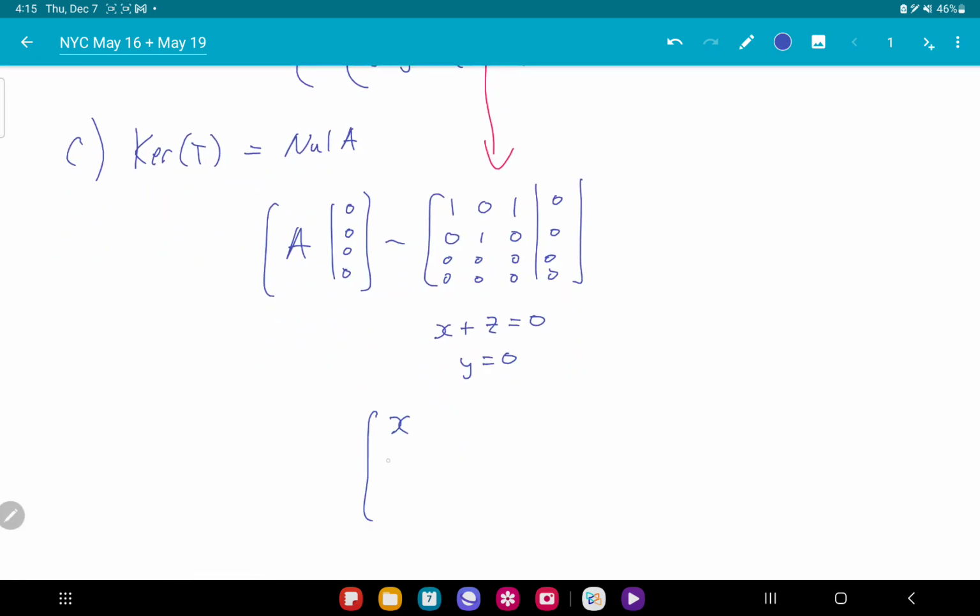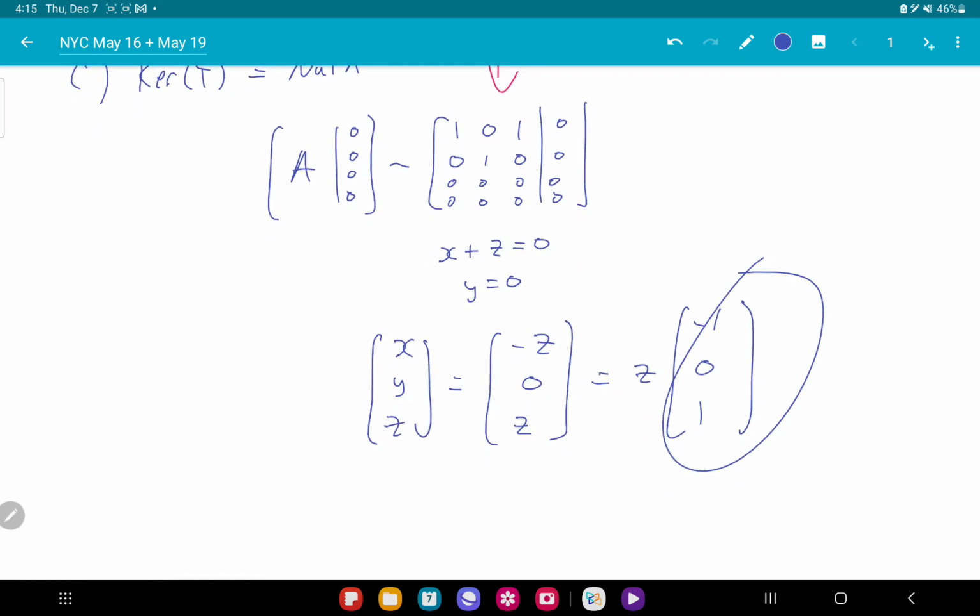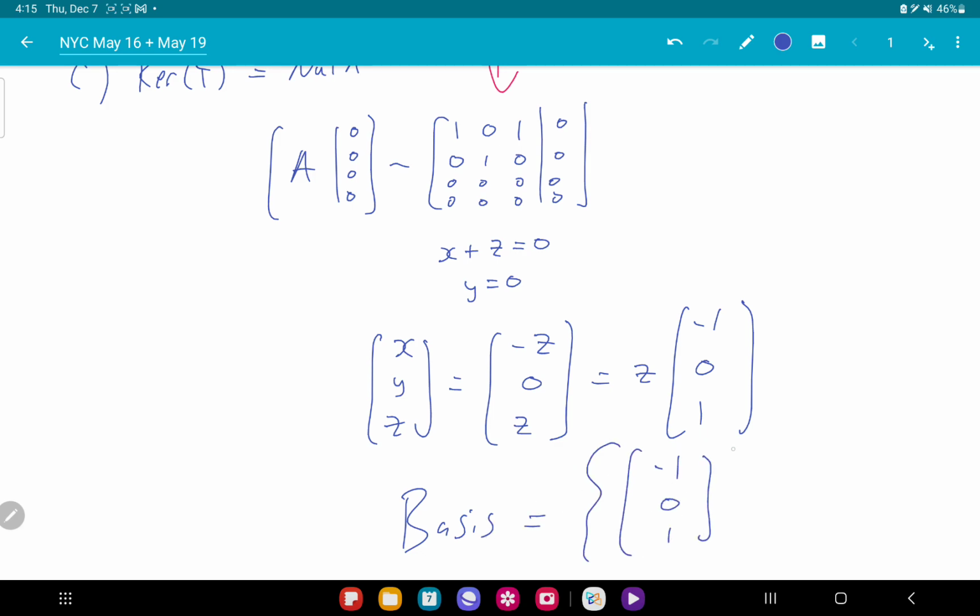So as usual, putting that into a vector, I get negative z for x, 0 for y, z for the free variable z. You see, z is a free variable. Factoring out my z, there's my basis right there. So a basis is just a single vector, (-1, 0, 1).